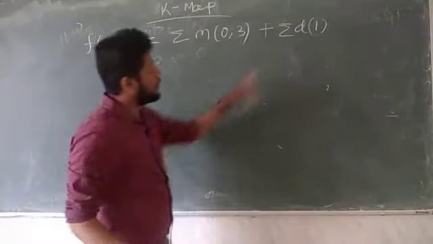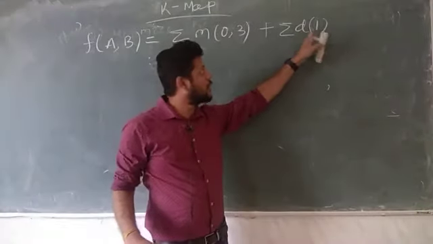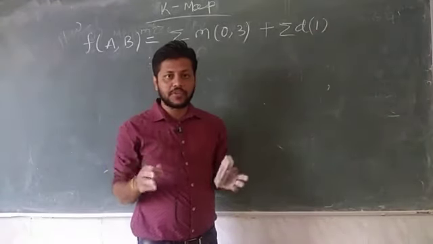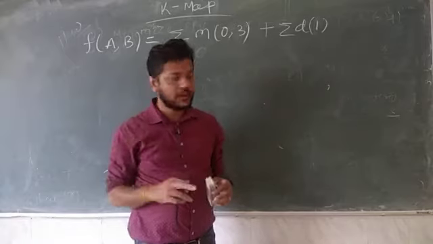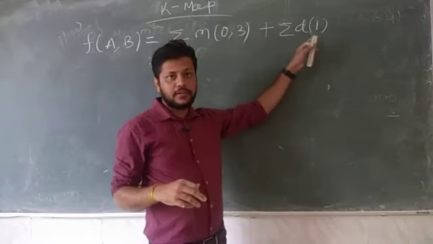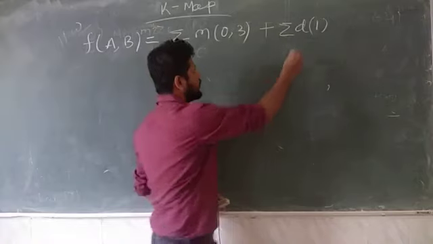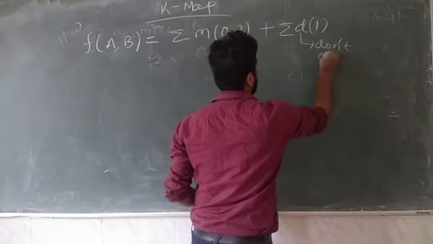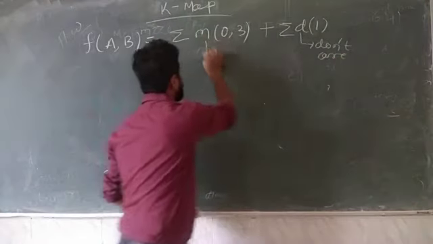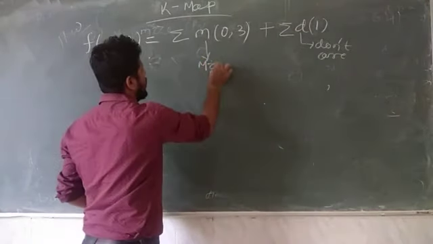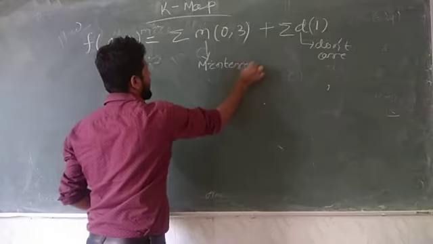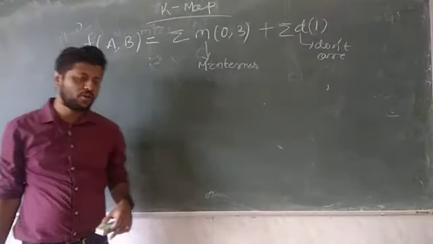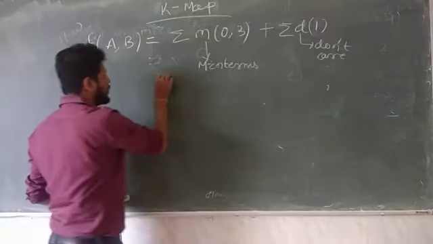This don't care is denoted by d, so d here means don't care. At the 1 number cell you need to take it as cross X, that is your don't care. So you have a single don't care, and you have two min terms. So you have two min terms and one don't care case here. So how to draw a two variable K-map?